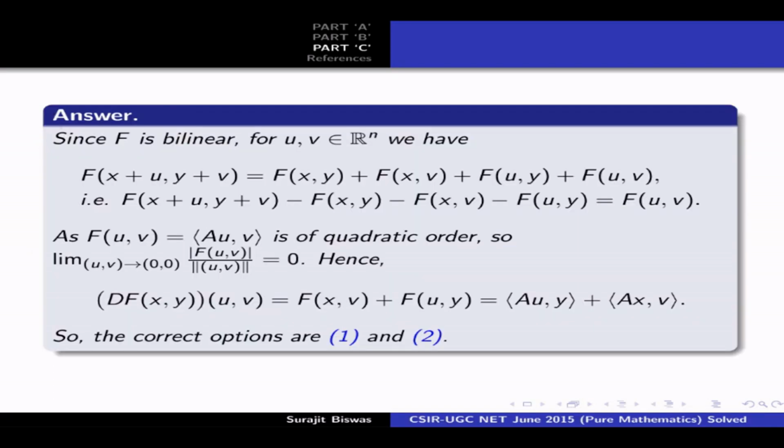Since f is bilinear, for (u, v) in Rn we have f(x+u, y+v) = f(x,y) + f(x,v) + f(u,y) + f(u,v), that is, f(x+u, y+v) − f(x,y) − f(x,v) − f(u,y) = f(u,v).